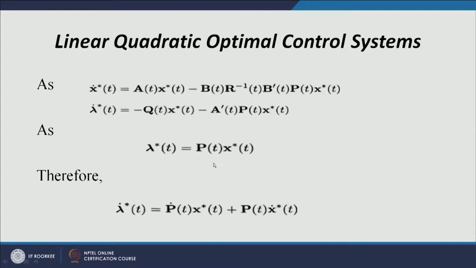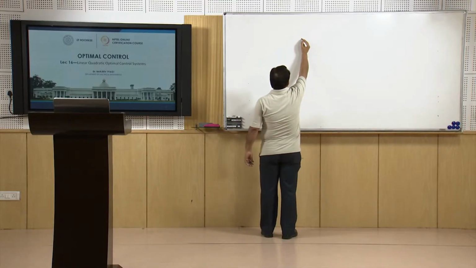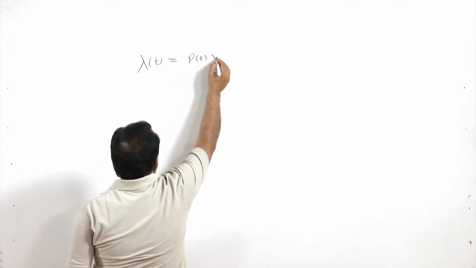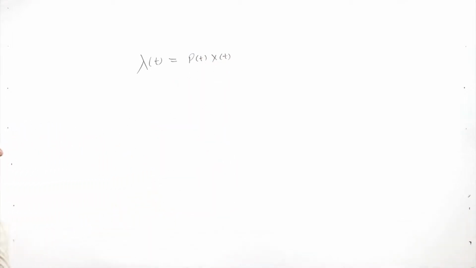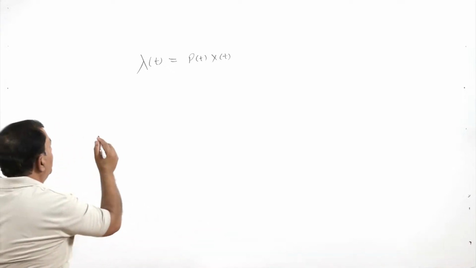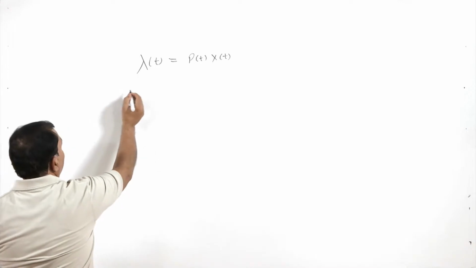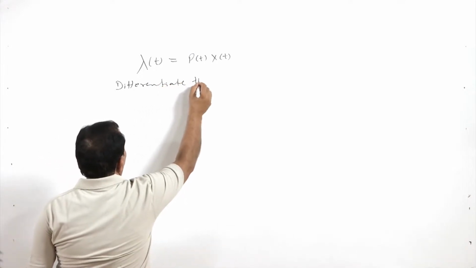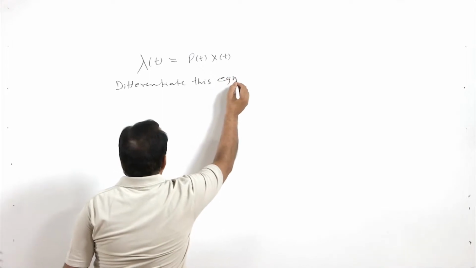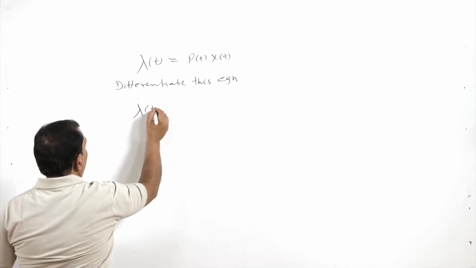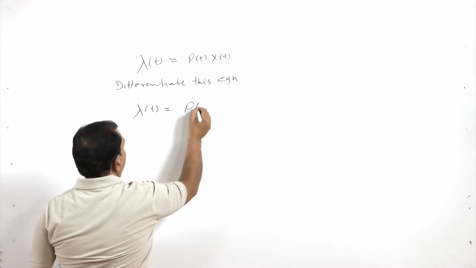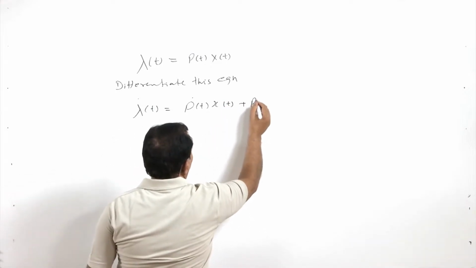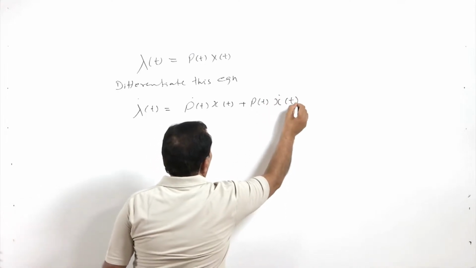as minus Q x minus A transpose P x. The transformation we have considered is lambda t as P(t) x(t). If I differentiate this equation, I will get lambda dot t as P dot t x(t) plus P(t) x dot of t.